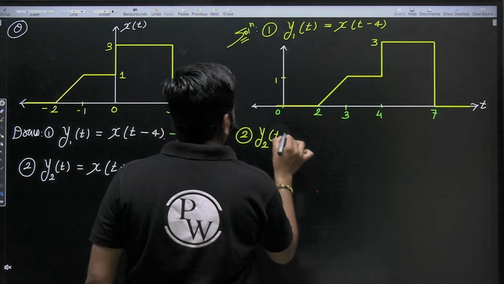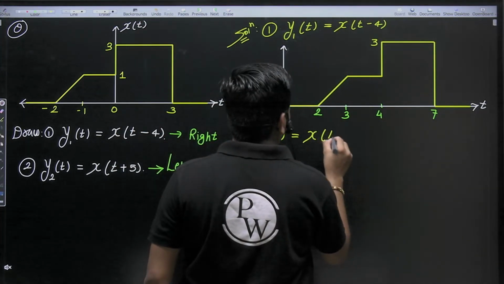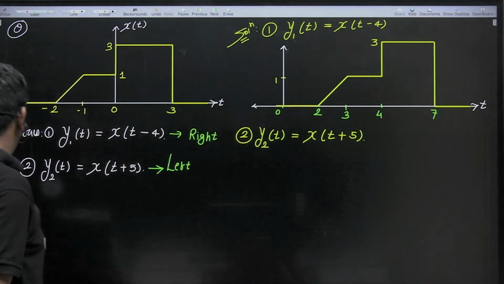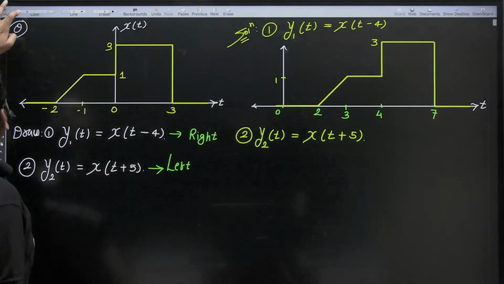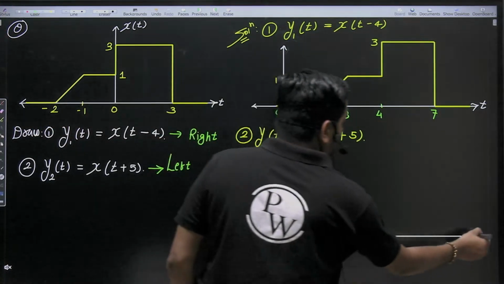y2 of t is equal to x of t plus 5, guys. Okay. So here it is again without the y-axis.